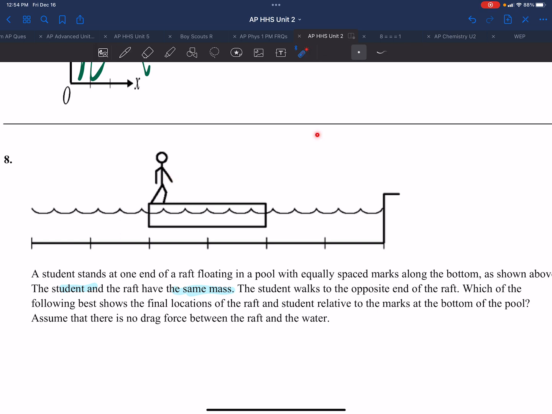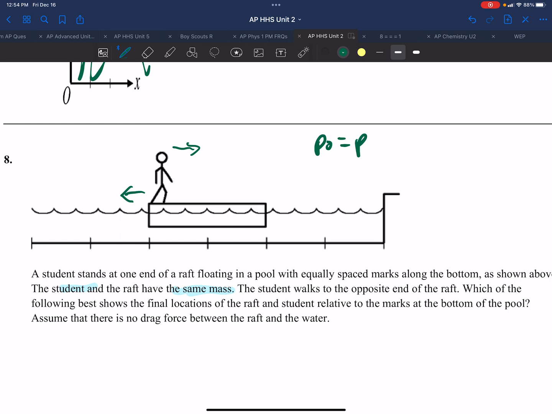We have initial momentum of 0. And so when the student gains momentum in this direction, the raft is going to gain momentum in that direction. And so what we know then is that the center of mass of this system must remain in the same place.